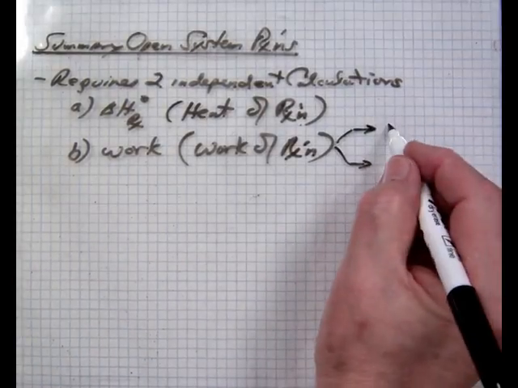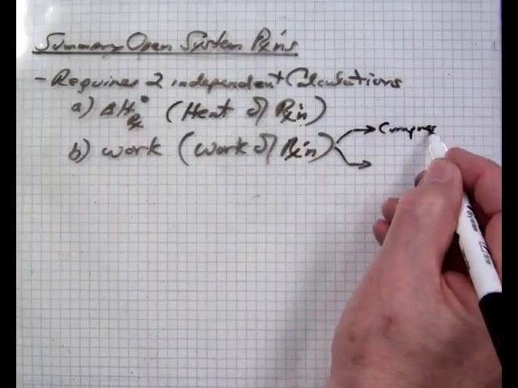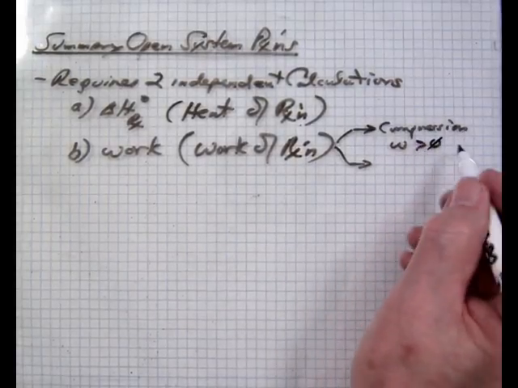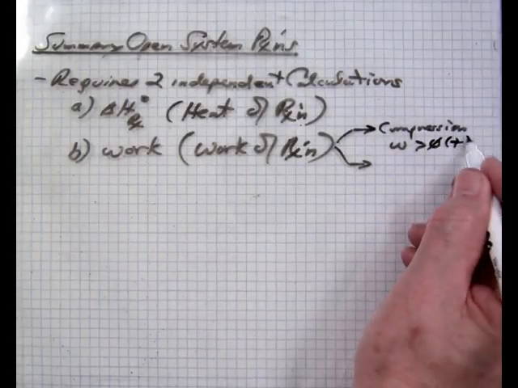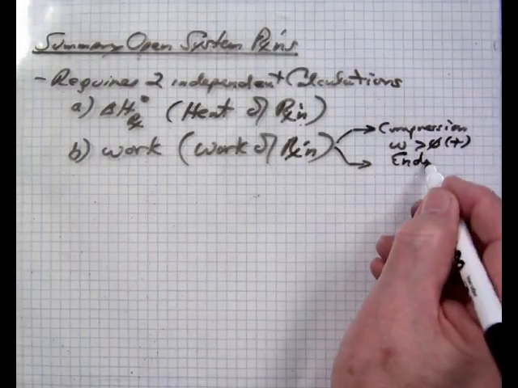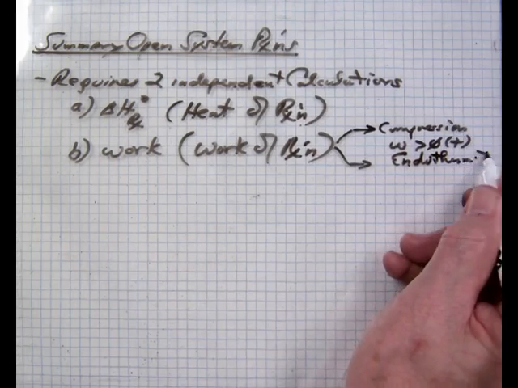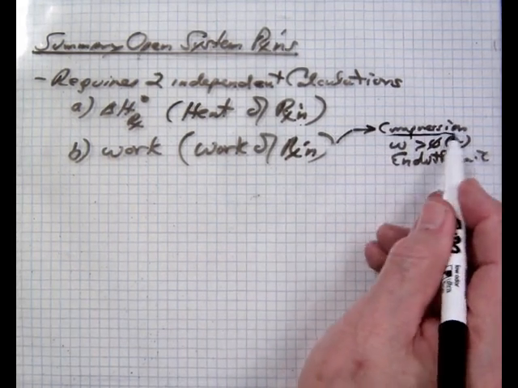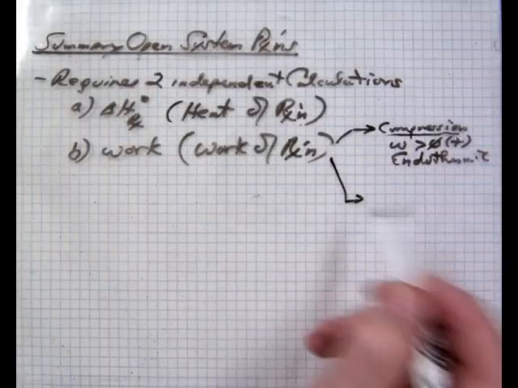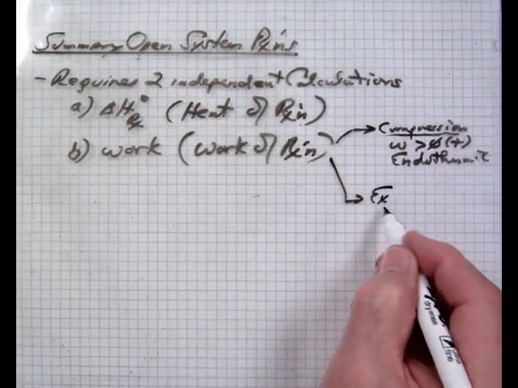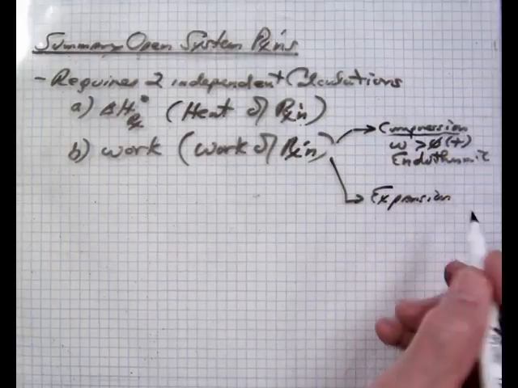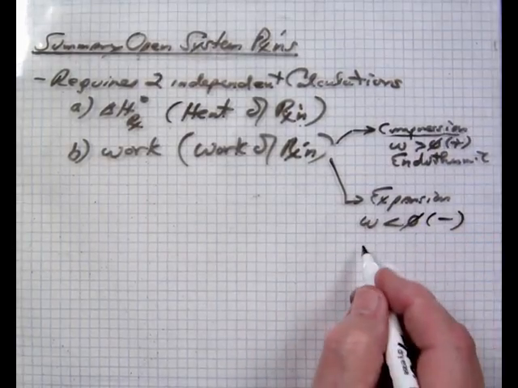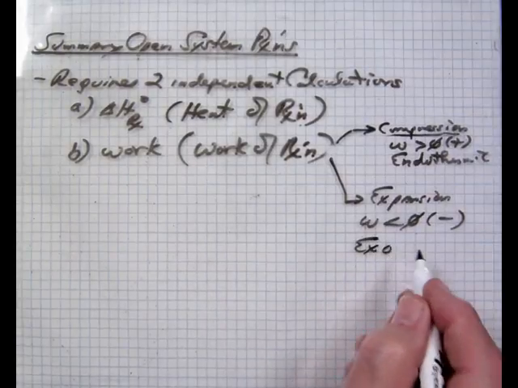Keep in mind, if it's a compression, work is greater than 0 plus an endothermic. That's just the work function right here. Or expansion, work is less than 0 or negative and is exothermic work.